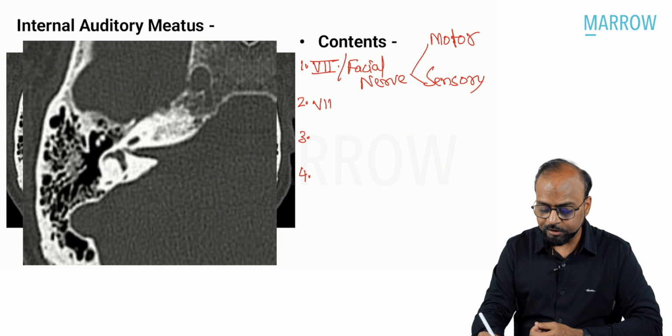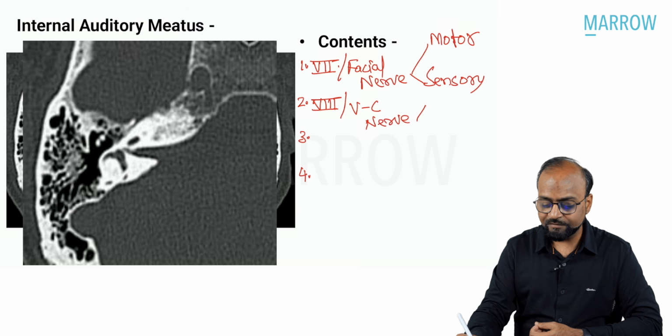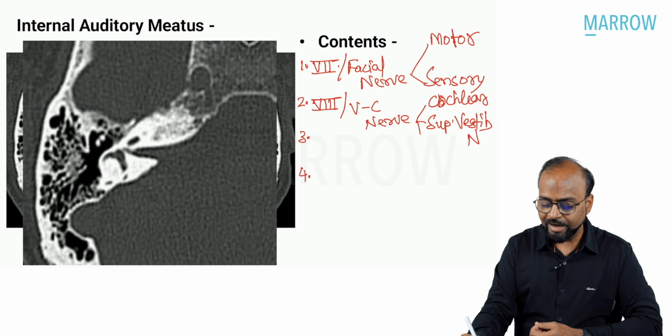Then another important nerve, the eighth cranial nerve, that is the vestibulocochlear nerve. So we have the cochlear nerve, we have the superior vestibular nerve, and the inferior vestibular nerve.